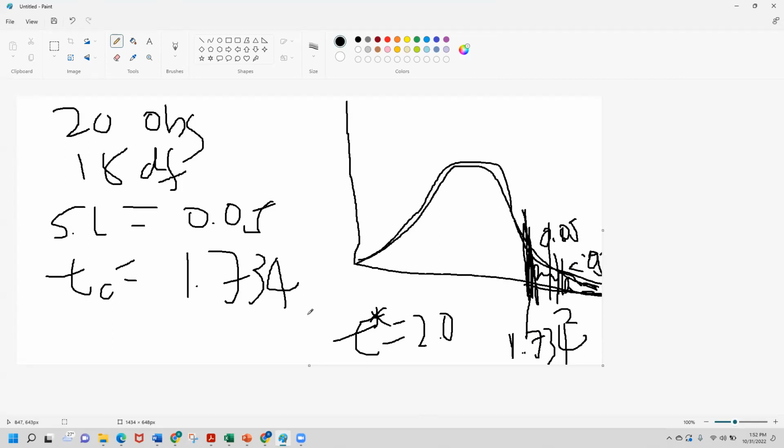In hypothesis testing, if you have a t that is greater than 1.734, given these facts about your experiment, you know that it's rare to get a higher t. It's very rare, at least low probability.